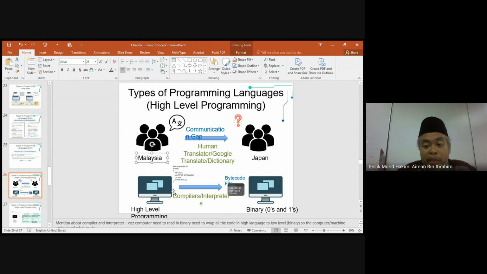For the first example, Malaysia and Japan here, just to show you, we need a translator so that anything we say in Malay can be understood by Japanese. That is applicable to our code, our programming also. We write using English-like words, and then the computer understands binary, so we need a converter in between.